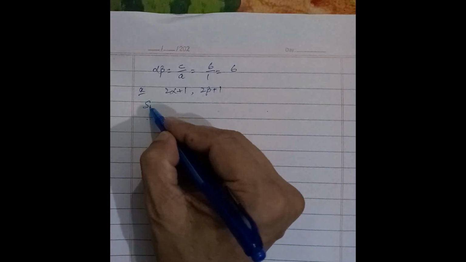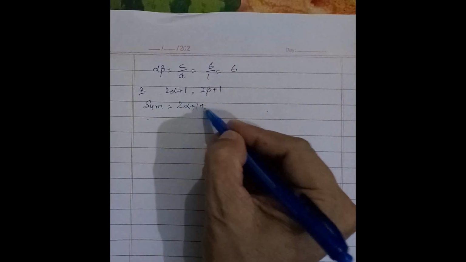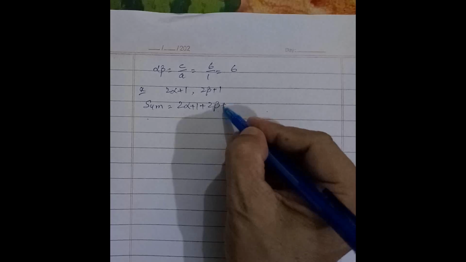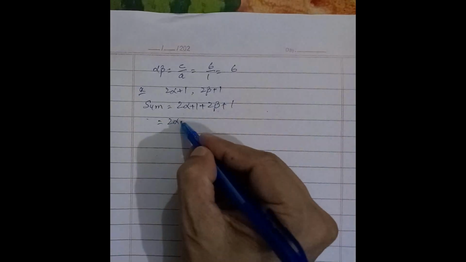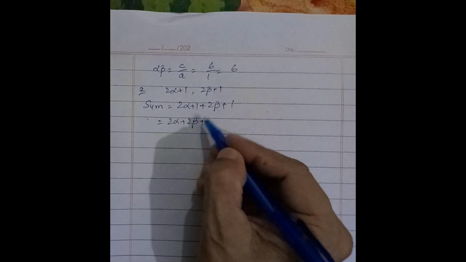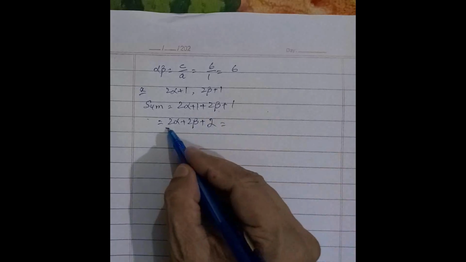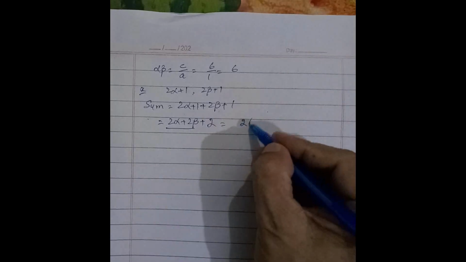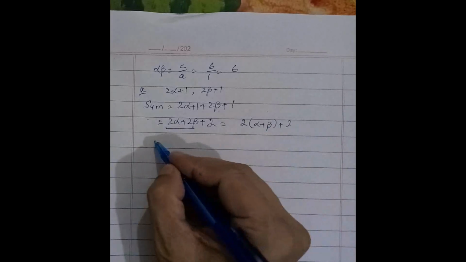The sum is 2 alpha plus 1 plus 2 beta plus 1. Now simplify them. We get 2 alpha plus 2 beta plus 1 plus 1, which is equal to, taking 2 common, 2 times alpha plus beta, plus 2.